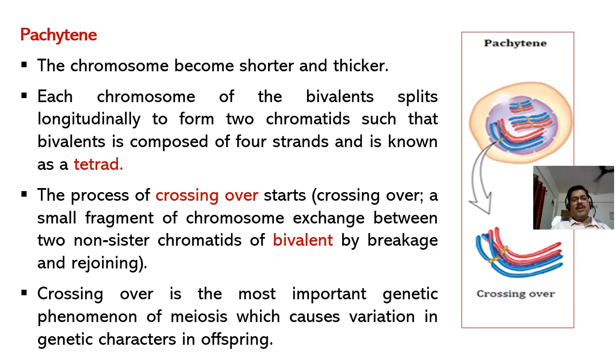Crossing over is the exchange of a small fragment of chromosome between the two non-sister chromatids of the bivalent by a breakage and rejoining mechanism. Crossing over is the most important genetic phenomenon of meiosis, which causes variation in genetic characters in offspring.